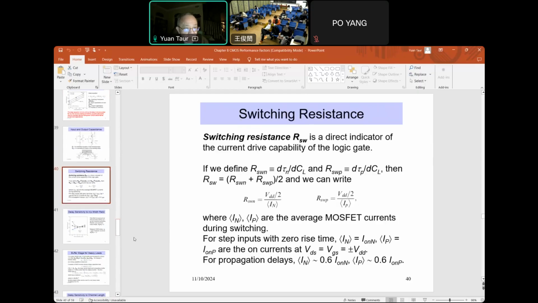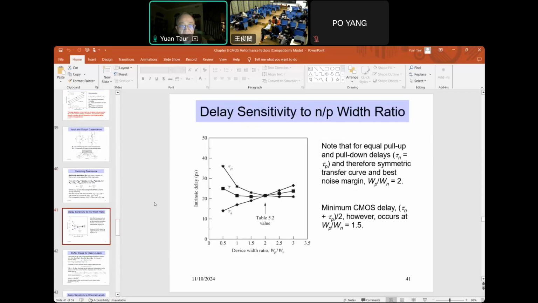Okay, so next we can consider the dependence of delay, first, on the width ratio, shown here. This is WP over WN. So in this case, tau n goes up with this ratio, but tau p goes down because when this ratio increases, the PFET current increases, but the NFET doesn't change.